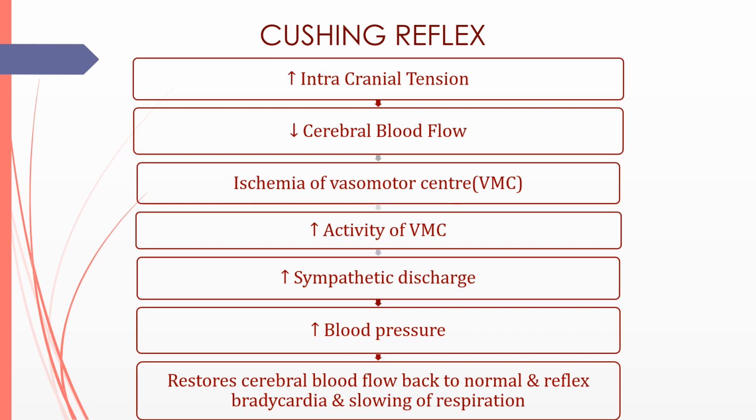By increasing the blood pressure, it restores the cerebral blood flow back to normal and causes reflex bradycardia and slowing of respiration. That's why when there is a rise in the intracranial pressure, the patient will have bradycardia. That bradycardia is due to the reflex bradycardia. This is called the Cushing's reflex.